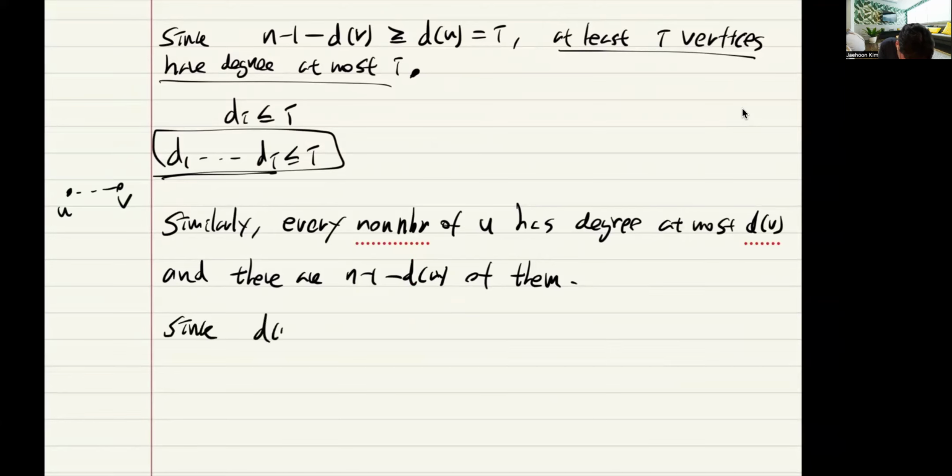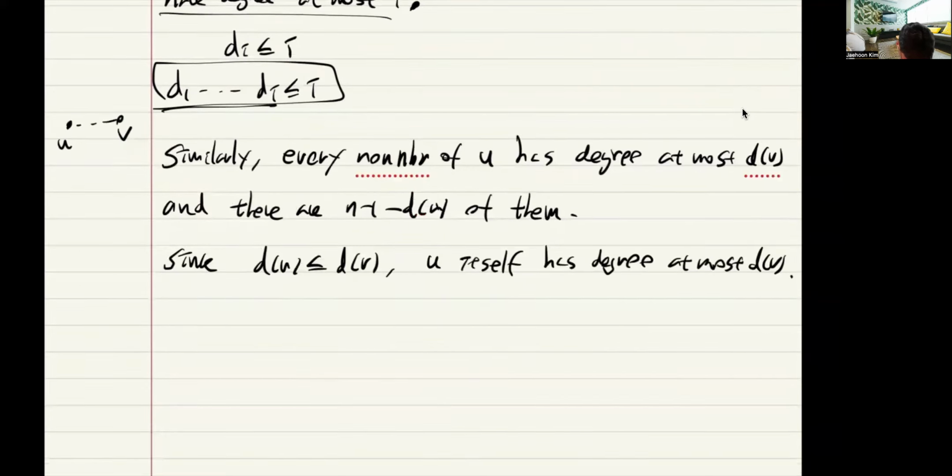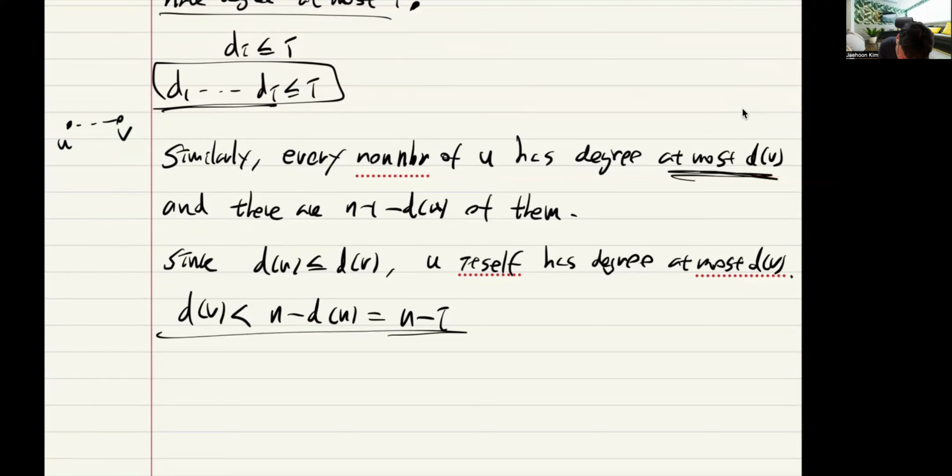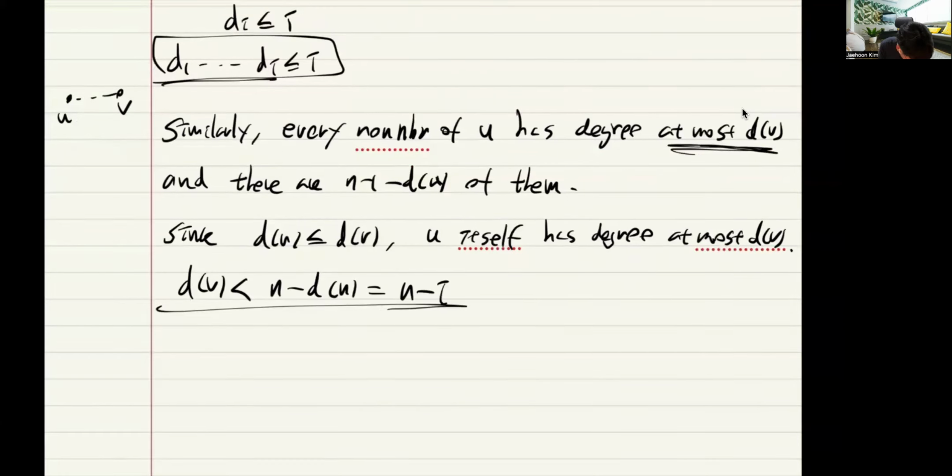But since the degree of u is at most the degree of v, u itself also has degree at most the degree of v. So the degree of v is smaller than n minus the degree of u, which is n minus i.